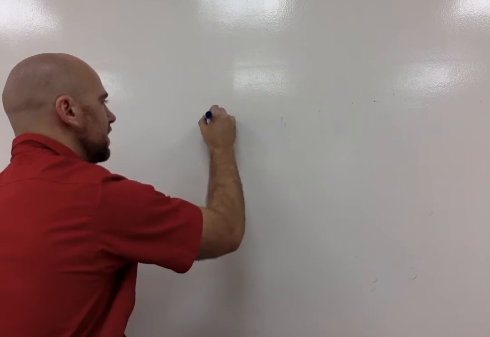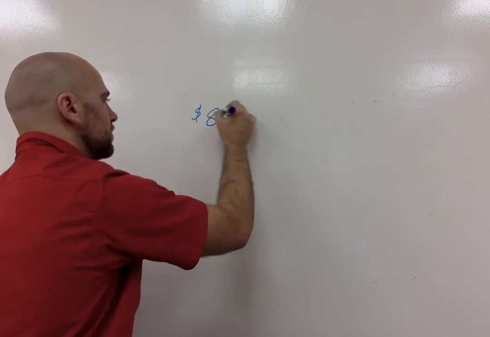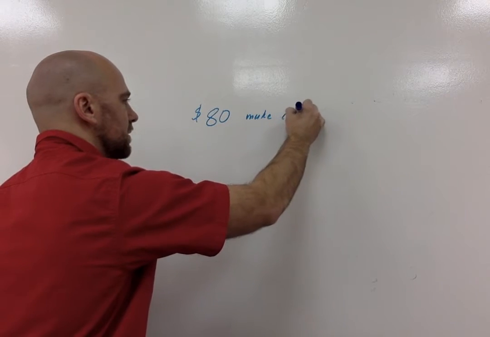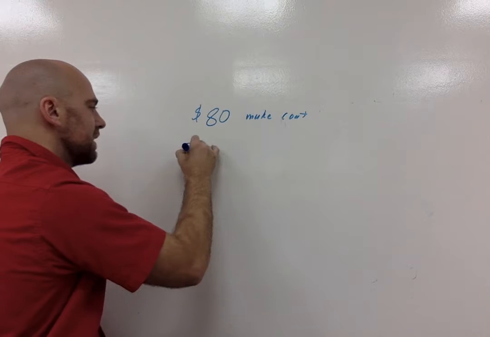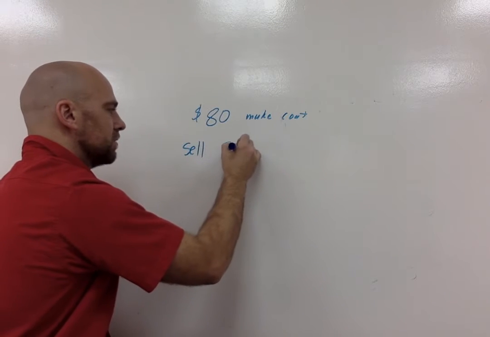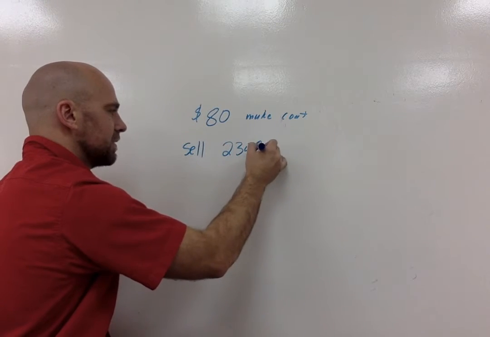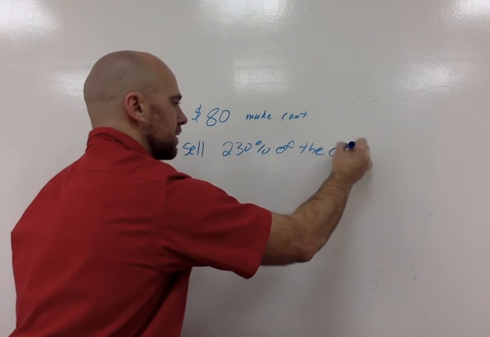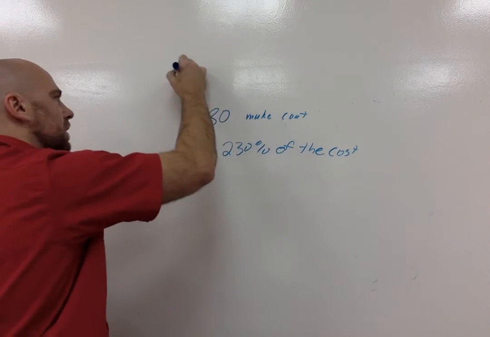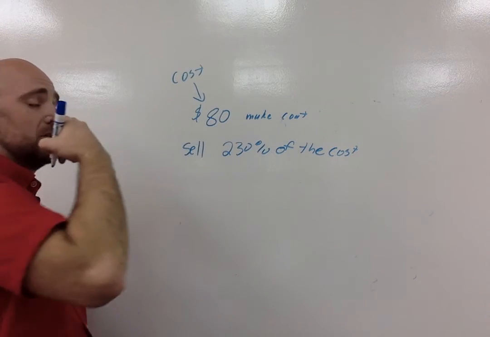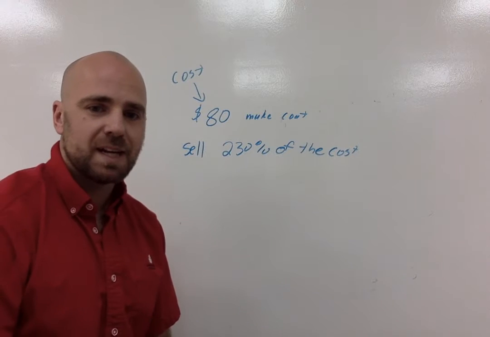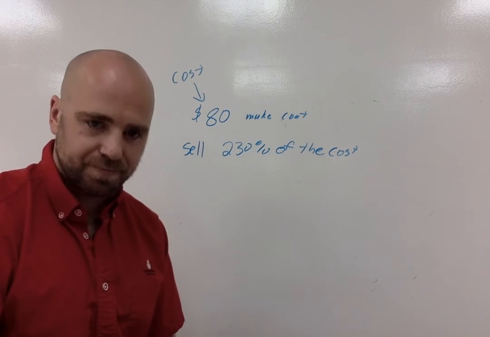So it's $80 to make, and then they sell it for 230% of the cost. This here is what we are calling our cost. So what would the customer have to pay?